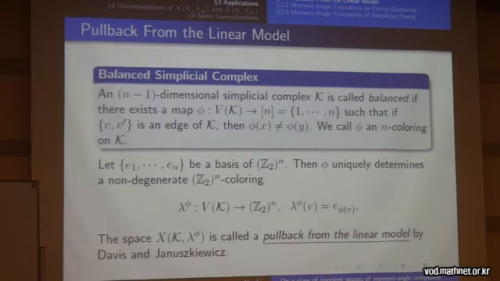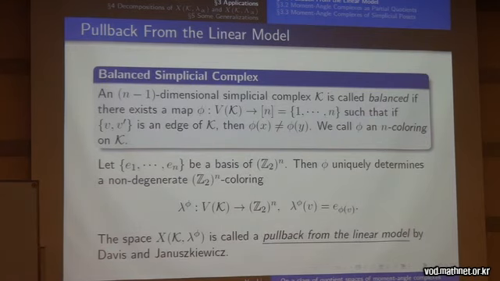And suppose e_1 to e_n is a basis of Z2^n, and then this n-coloring uniquely defines a non-degenerate Z2^n coloring, right? Just send the vertex v to e_phi(v).